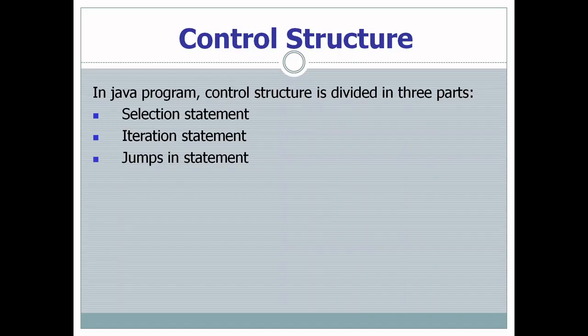In Java, the control structure is divided into three parts: selection statement, iteration statement, and jump statement. So in today's session we will discuss the selection statement in Java.